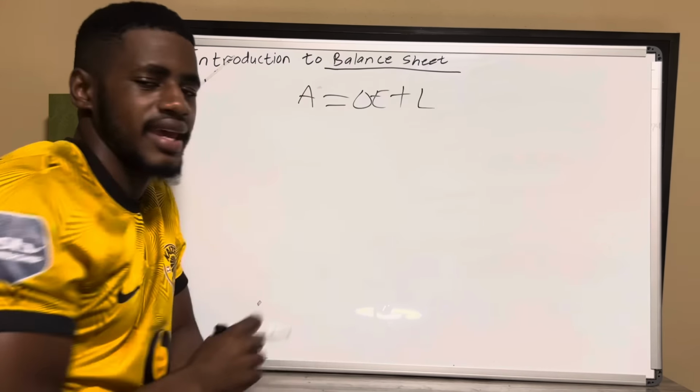The second type of current assets we have is our cash and cash equivalents. It doesn't matter if you start with this or this, as long as you have all 3. So cash and cash equivalents, as you can hear the words cash and cash equivalents. What we have here is bank.